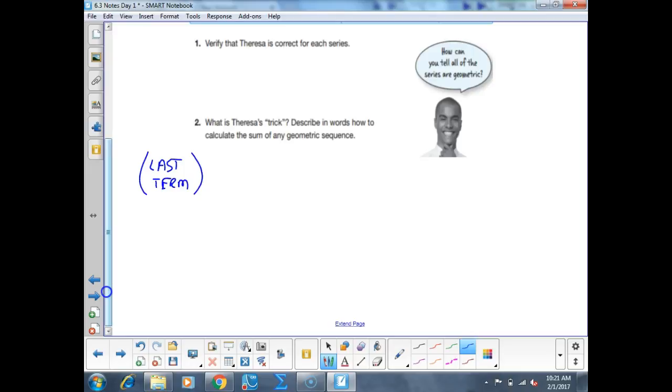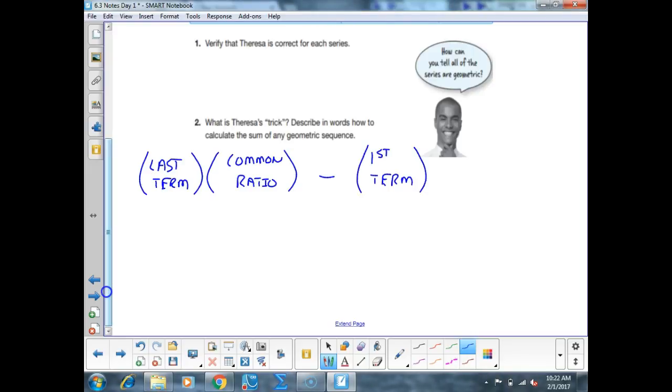Ratio. Okay, she multiplies that by the common ratio. Okay, then what? Then she subtracts the first term. One more thing.